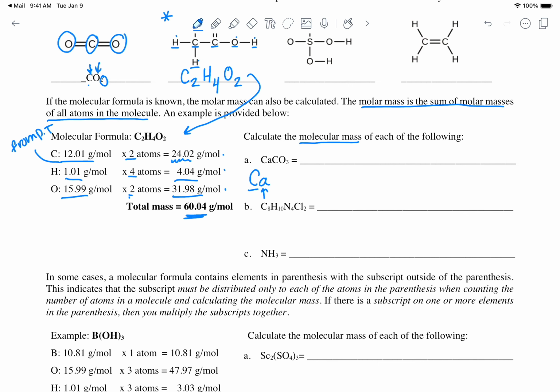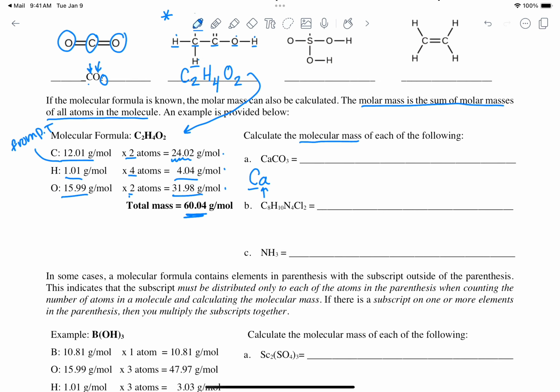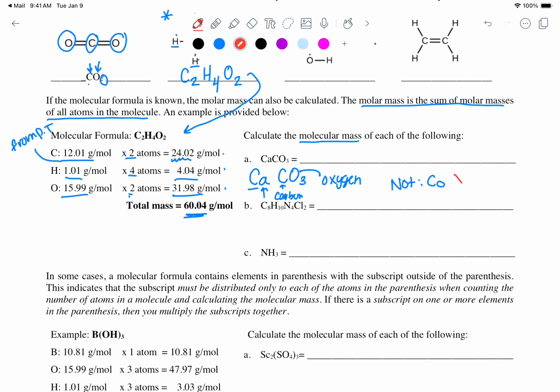For C and O3, the C and the O are both capitalized, meaning that this is carbon and this is oxygen. It is not C lowercase o, which is cobalt. Okay, so please, this is not that. It is not cobalt.